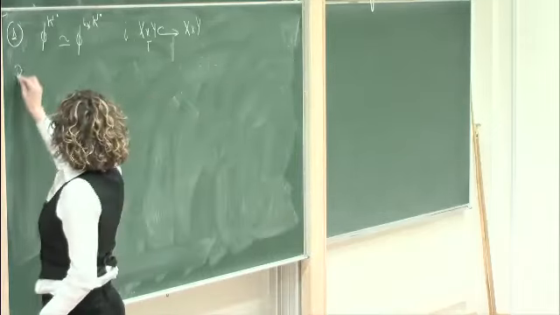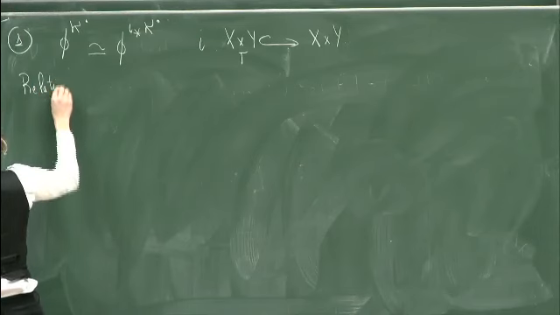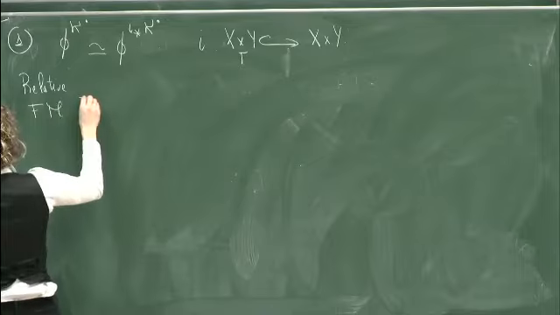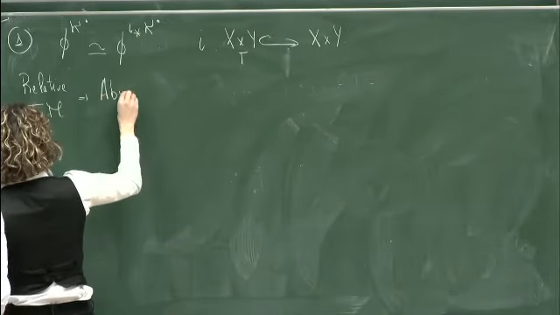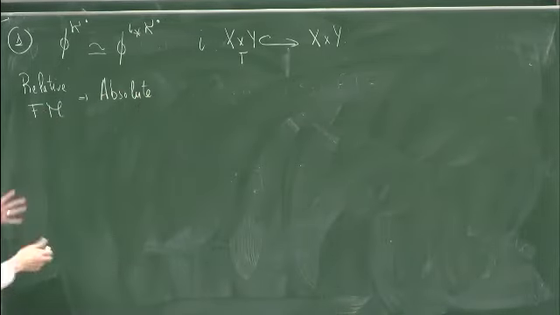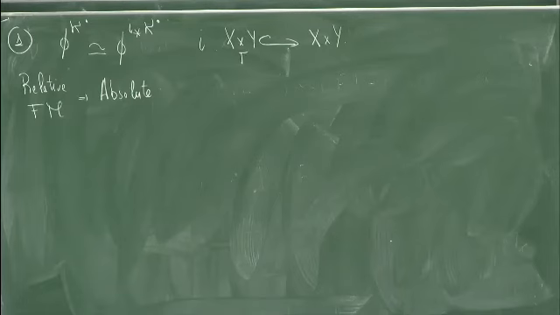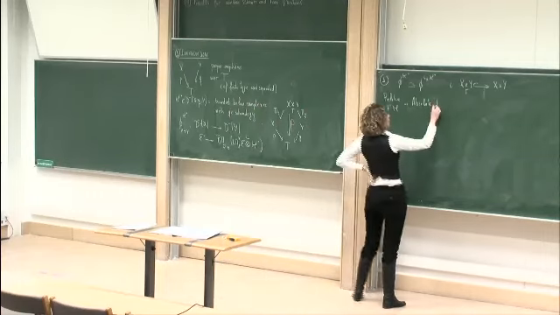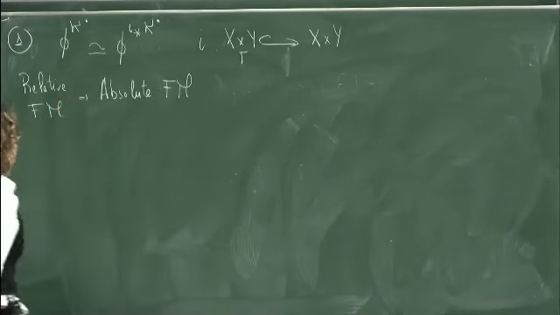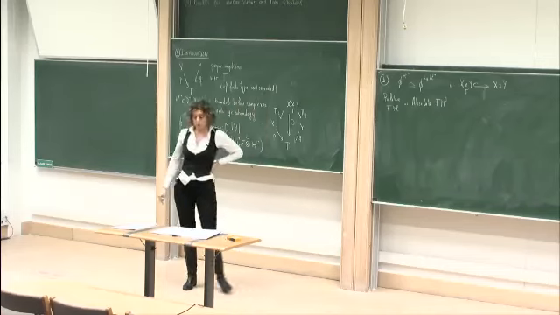So relative FM or absolute, and by absolute I mean that the kernel is in the derived category of the direct product and not of the fiber product, absolute Fourier-Mukai functor. But of course, the converse is not true.